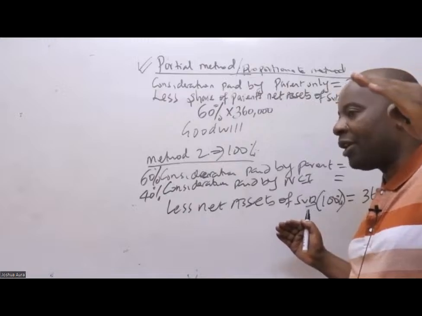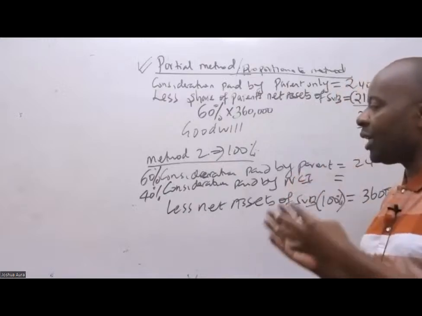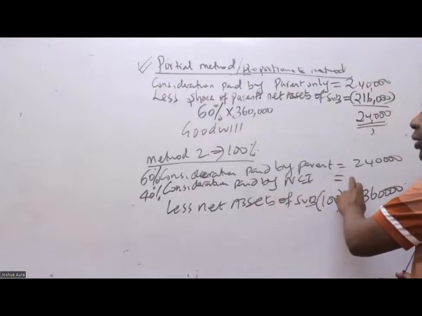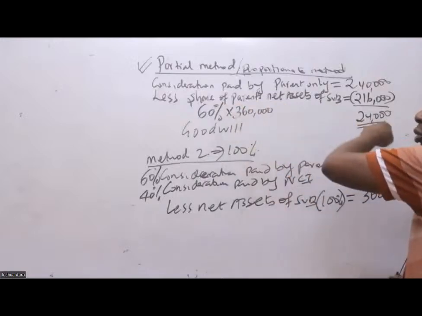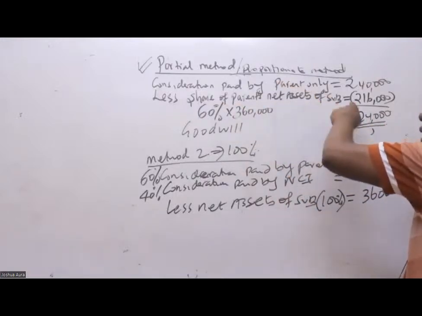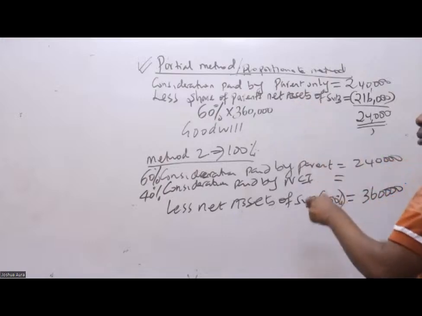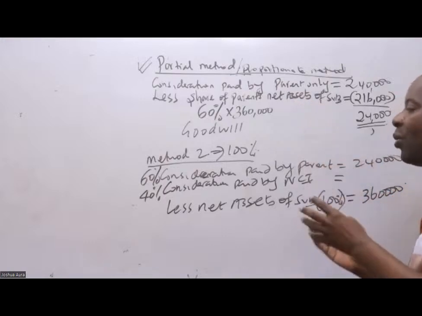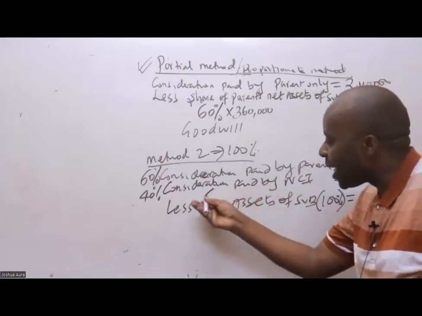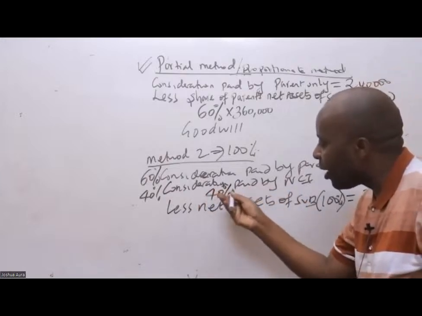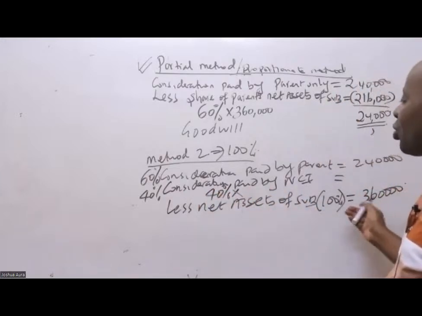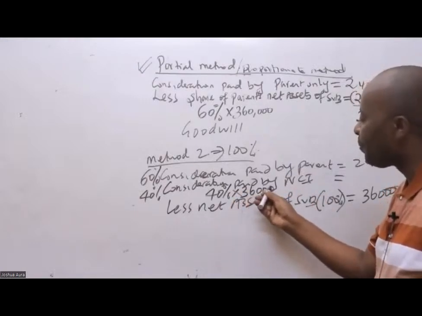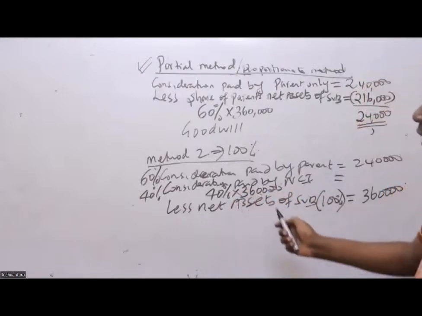Right? Now, if it is the proportionate method, you can't use fair value of NCI. For the proportionate method, take the proportion of NCI of the total net assets. So 40% of 360,000. Can somebody give me this 40%?